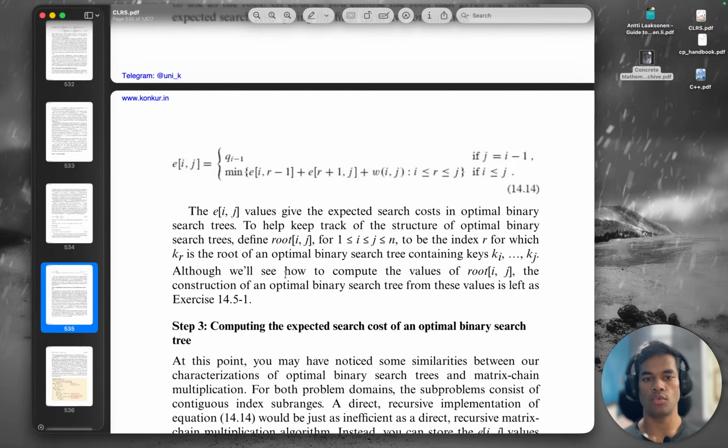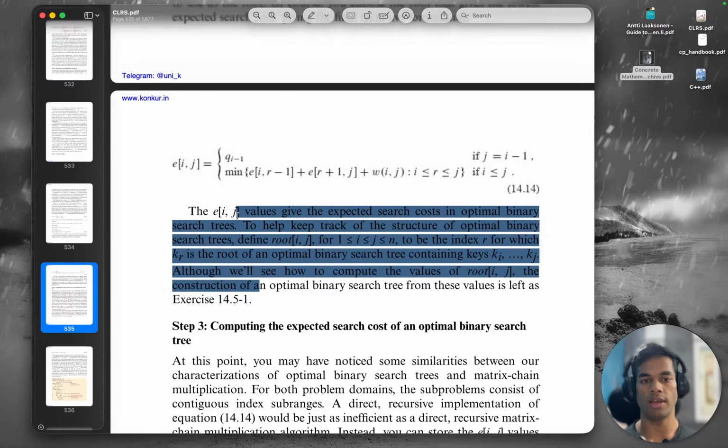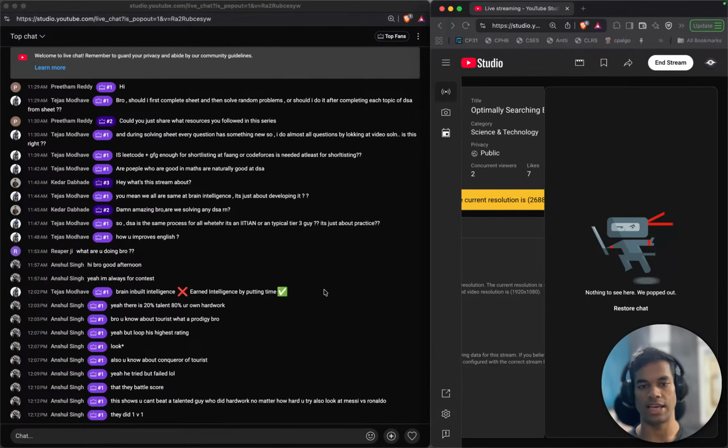We will need root[i, j] to construct the subtree structure after we get the value, and we will need e[i, j] to get the optimal value, which is the lowest expected cost that we are trying to find.